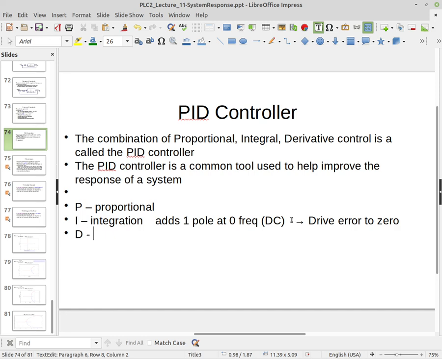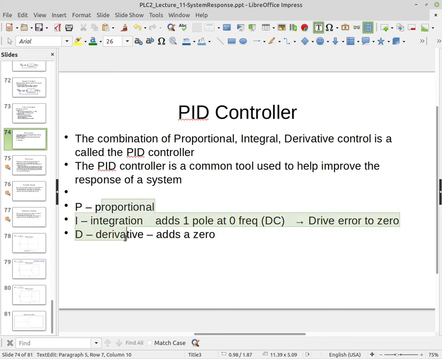All right, now the D stands for differentiate, or derivative. What this does is it adds a zero to the system, and it actually ends up adding 2 zeros to the system when you do all the math. If you do a complete PID, you're going to add one pole and 2 zeros.